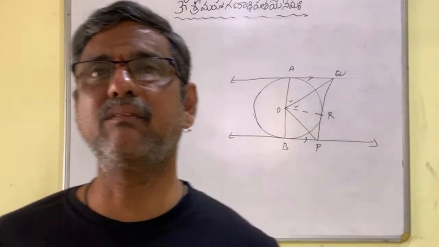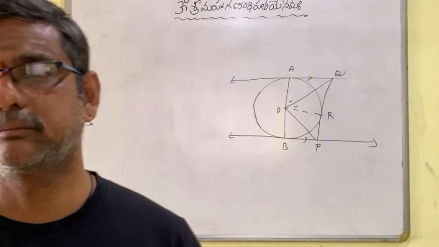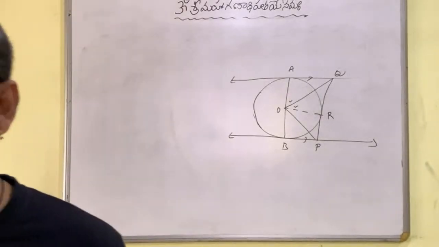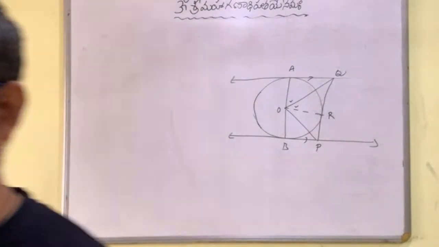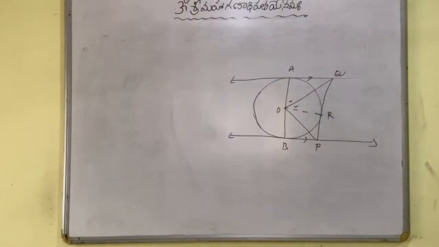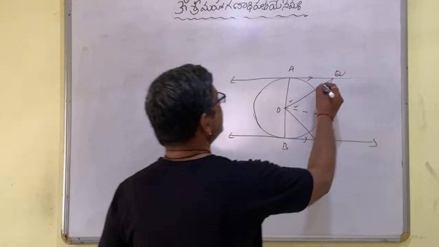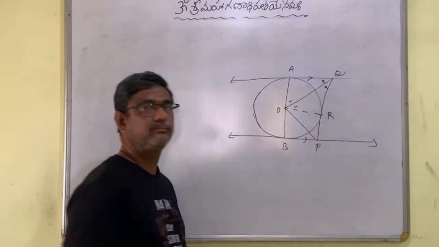Just I want the reason why they are equal. Yeah, both the triangles are congruent. That is one reason. Triangle AOQ and ROQ are congruent. Or we can say that OQ is the bisector of the angle between the radii as well as the angle between the tangents. Even these two angles are also equal.